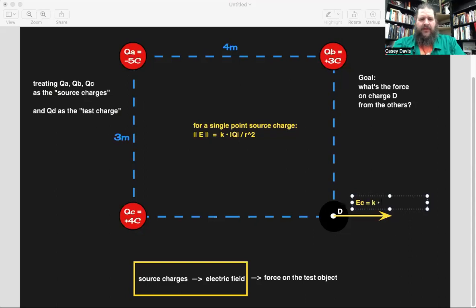So that'll be K times 4 coulombs divided by 4 meters squared, which reduces to what? What is 4 over 4 squared? 1 over 4. Right. So we can simplify this to just K over 4.